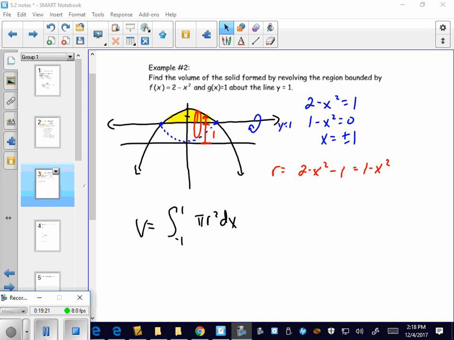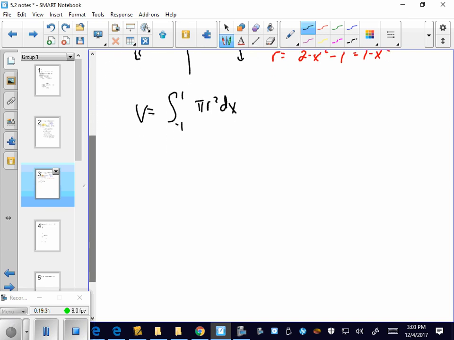All right, so we have our r, which in this case is 1 minus x squared. So we're going to fill that stuff in. The volume is going to be pi times the integral from -1 to 1 of (1 minus x squared) squared dx, which in this case means that we're going to have to FOIL that out in order to go ahead and take the antiderivative. So we're going to get pi integral -1 to 1.